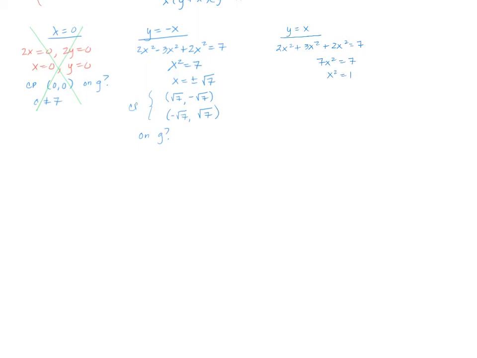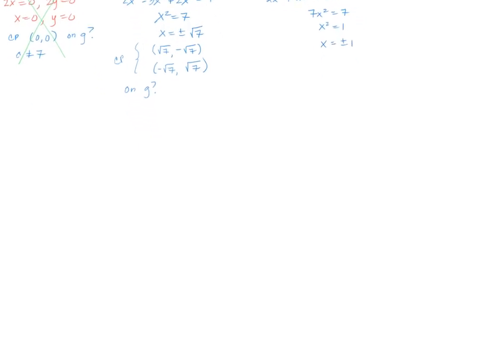So x squared equal to 1 gives me x equal to plus or minus 1. My possible critical points, since y is equal to x, would be 1, 1, negative 1, negative 1. Again, these are my possible critical points. Are these on G? If you plug in 1, 1, negative 1, negative 1, they work out, so they're on G. So yes, yes.